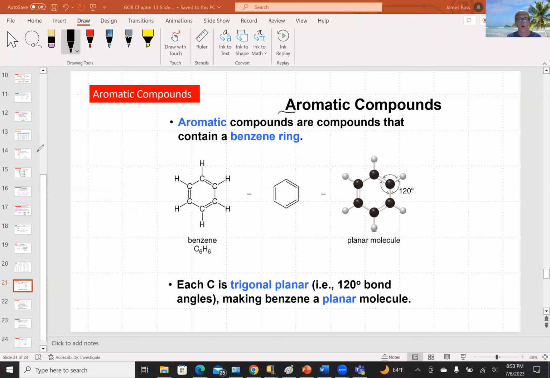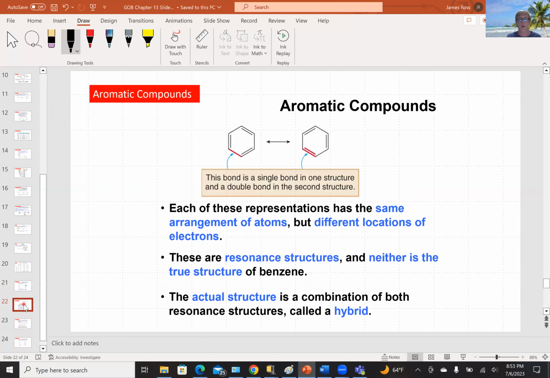Okay, so this is the one single example of an aromatic compound we will see in Chem 51. Okay, I think I've just talked about this on the previous slide, so we'll go over that. It just tells you that you can resonate, and the double bond can be written in the other location.